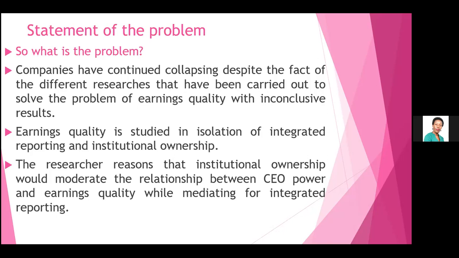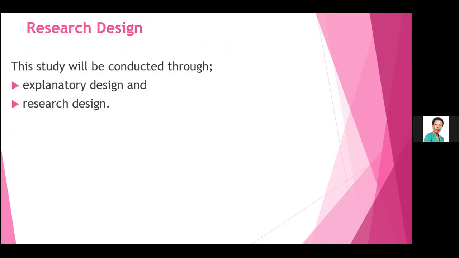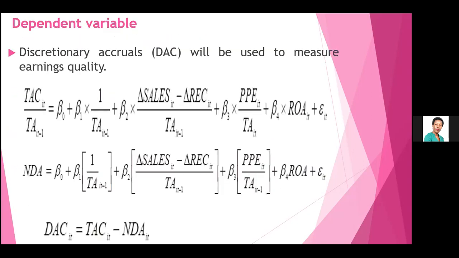Then when you run to methodology, please go to methodology where you measure earnings quality. You see, now here you're saying discretionary accruals as a measure of earnings quality. What do you mean by discretionary accruals? This doesn't come out in the background.